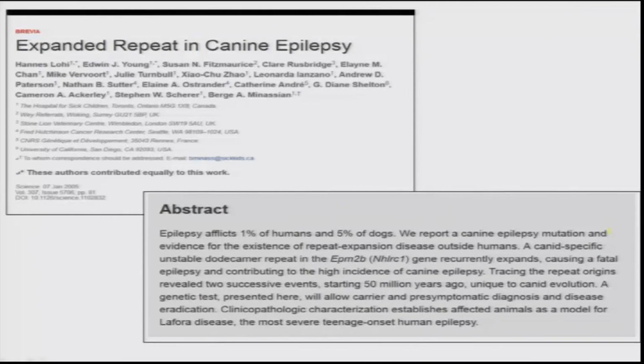Another dog model developed a very fatal form of epilepsy because of a genetic change, and the same epilepsy caused by the same gene mutation is known in humans, right? In addition to understanding the conserved function of genes and the mutation process, these dog models really help us to understand the pathophysiology.